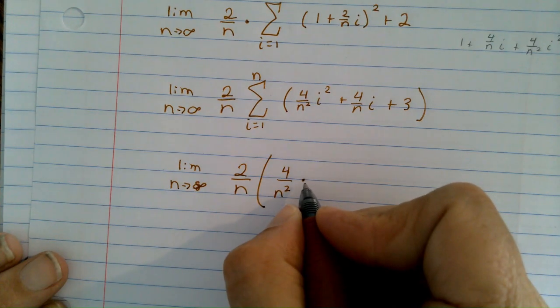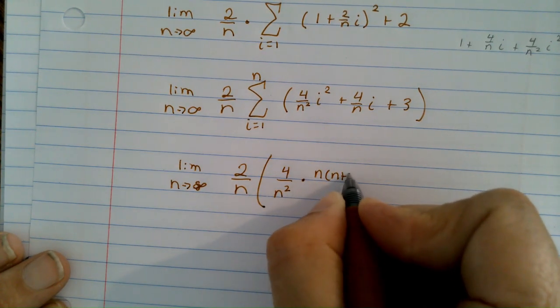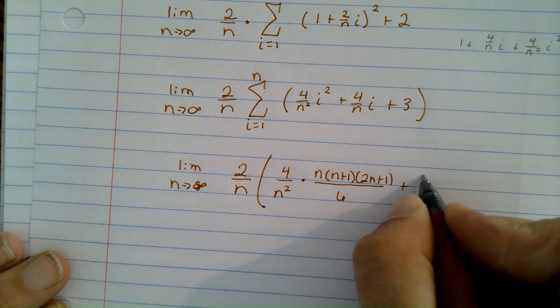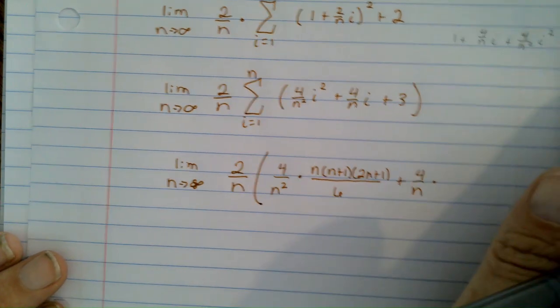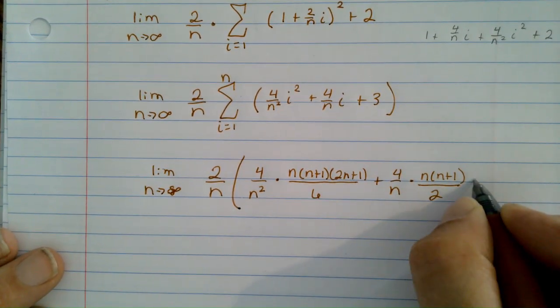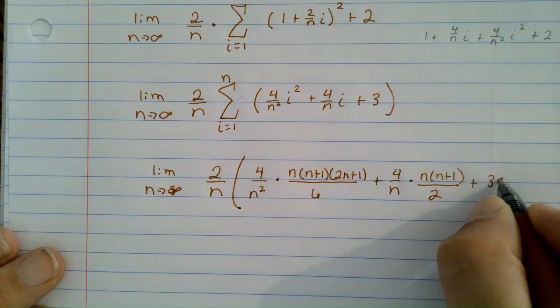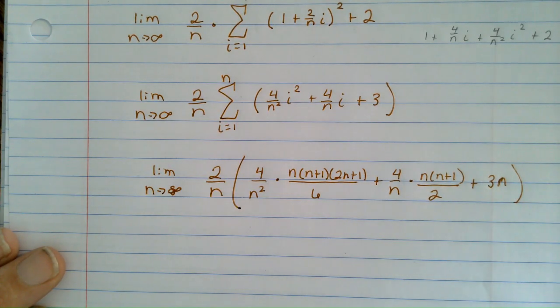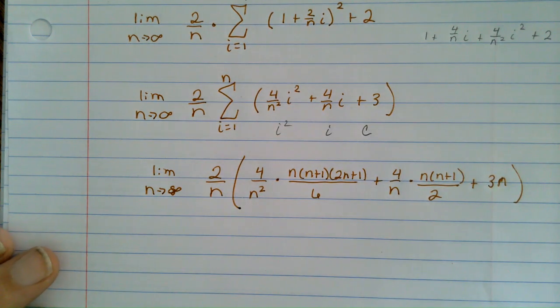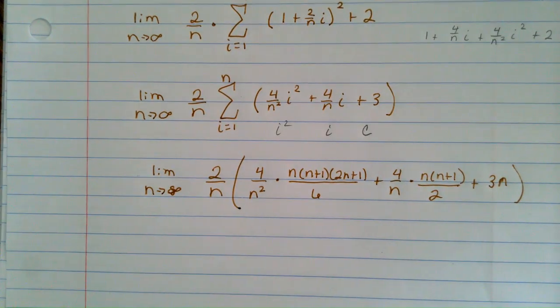I'm going to input the i squared rule, which was n times n plus 1 times 2n plus 1 over 6, plus 4 over n multiplied by the i rule, which was n plus 1 over 2, plus 3, which is a constant, so you use that constant rule. Now if you'll notice, we do not have a summation anymore, and we do not have any more i's, so we can do the limit as n approaches infinity. Back to limits, right? But we've got to simplify this thing down.